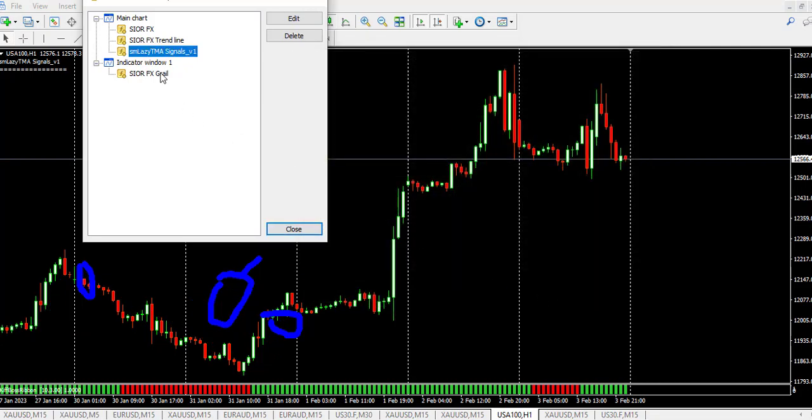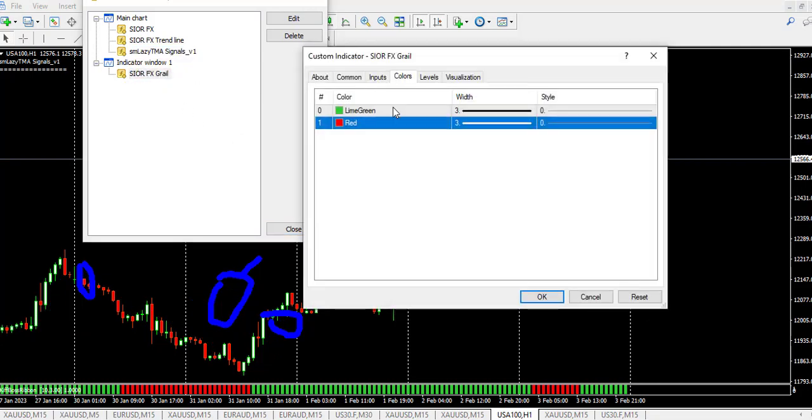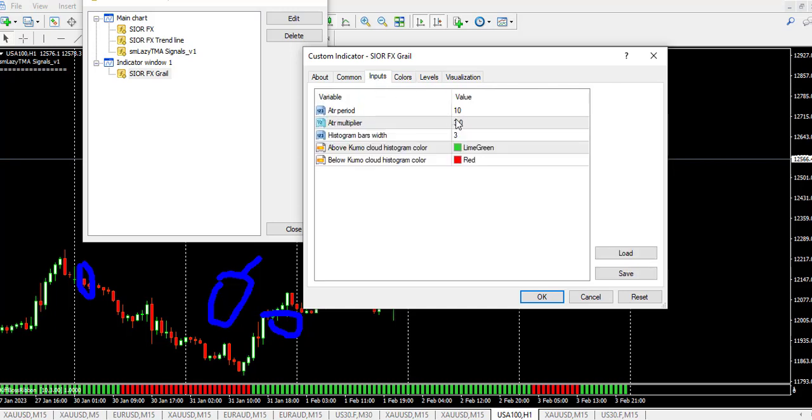And the last indicator I use, not the least, on the chart is this particular indicator too. And these are the values. The color for buy is lime green, and for sell is red. Here at the input, ATR period is 10 and the ATR multiplier is 3.0, histogram bar width is 3.